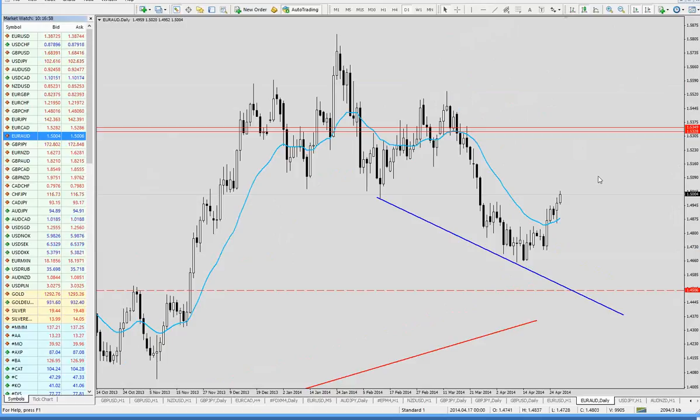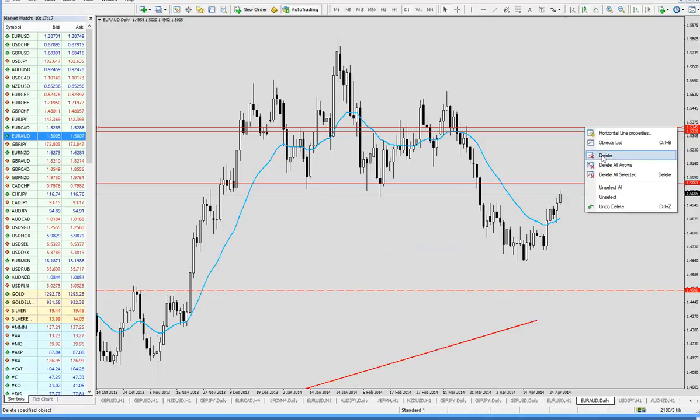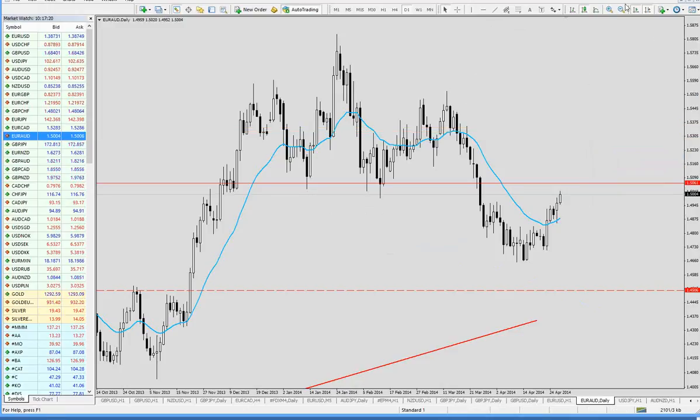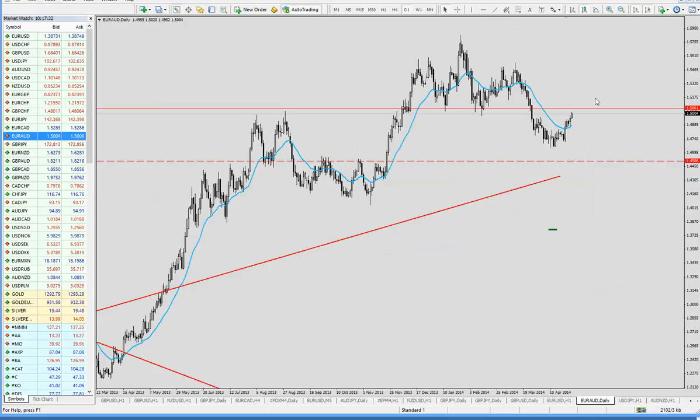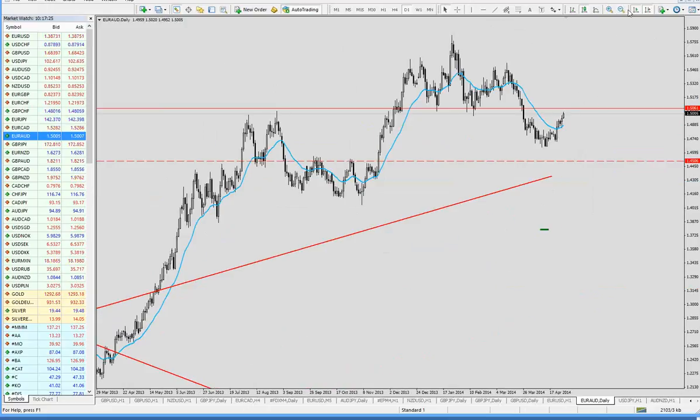Euro Aussie. Okay. Overall picture, we are going to the upside. Now some can see head and shoulders, right?